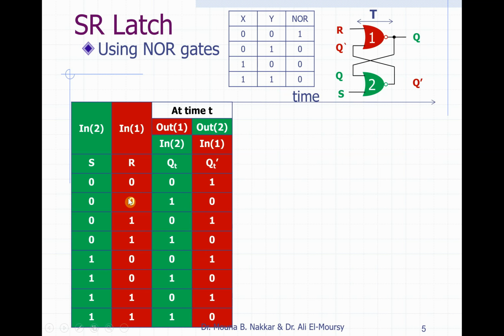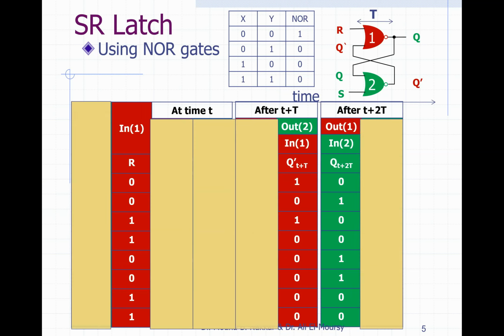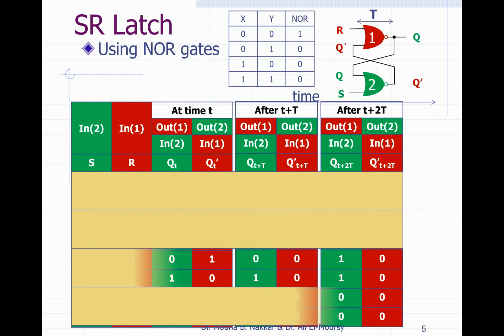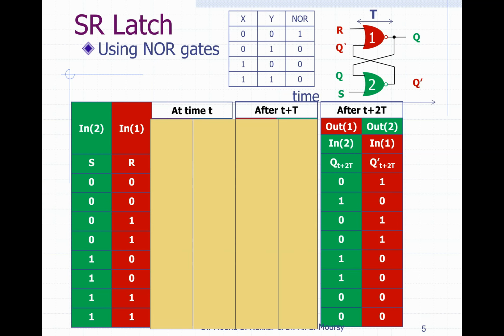From the previous slide, we have shown that the last case for S and R is when S and R both are equal to 1s, and we have shown that Q and Q bar after 2 tau are both equal to 0s. Why we call this an unstable or a forbidden case? This we want to further discuss and demonstrate in the next slide.